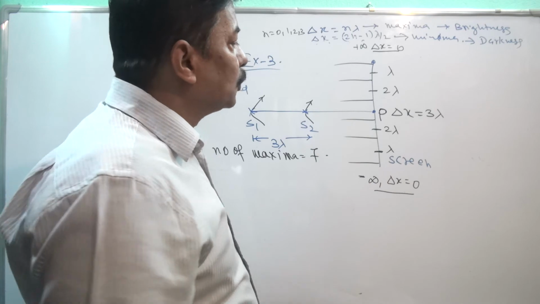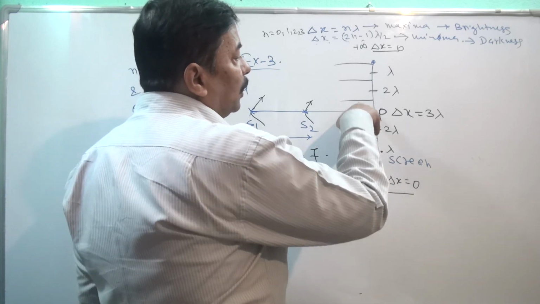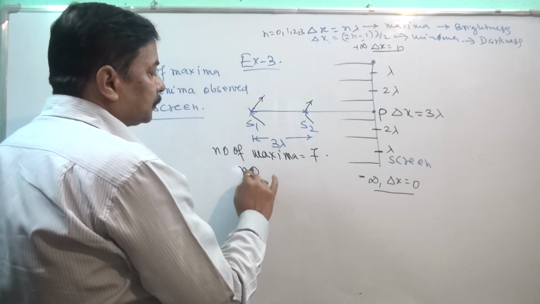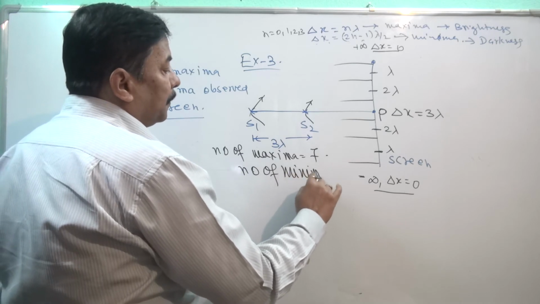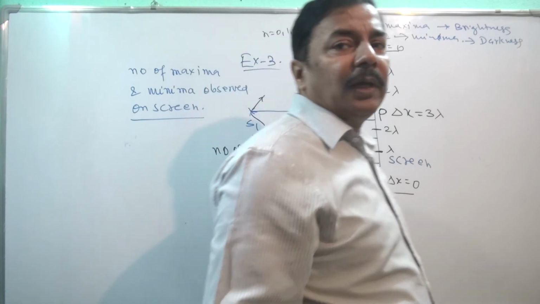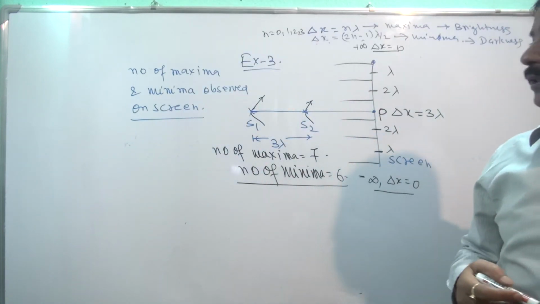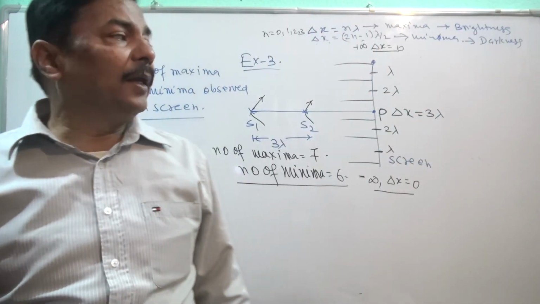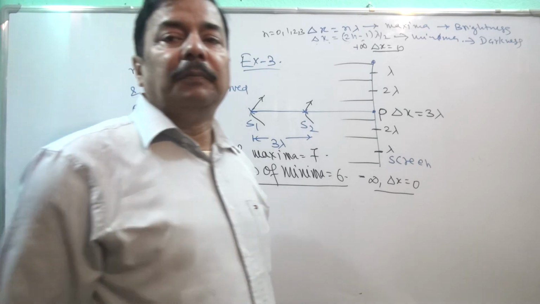So how many minima are there? 1, 2, 3, 4, 5, 6. So number of minima is 6. This is also a type of question based on the condition. If you understand what path difference means, only then can you answer this question. See it carefully.